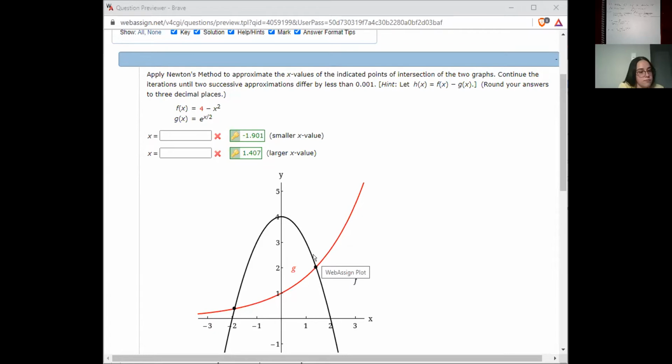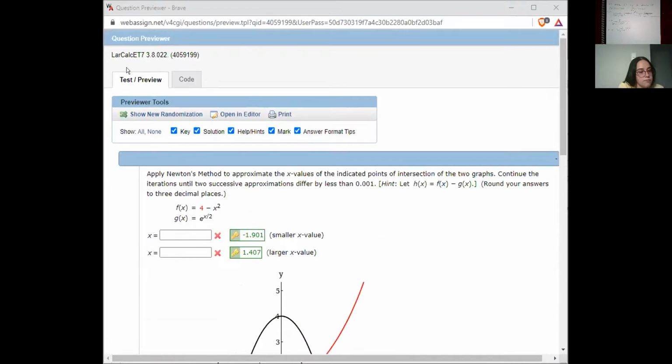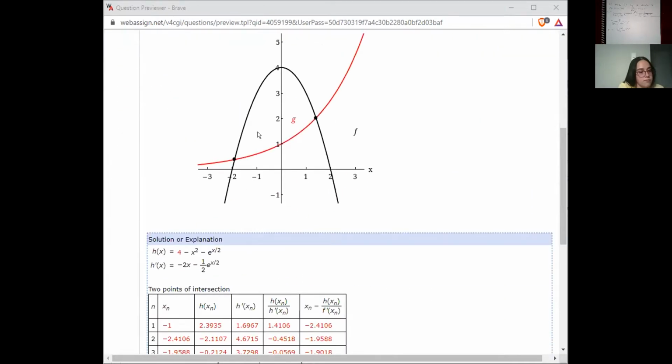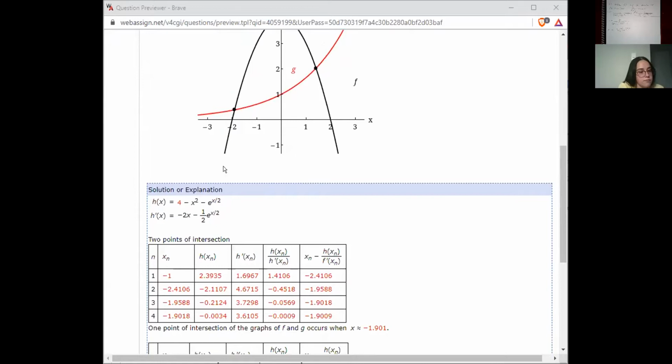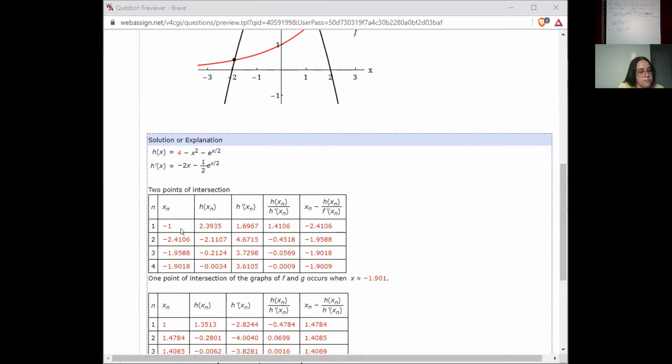Geez, I don't even know how to read my own notes. Because I think that it depends on that. Check out the solution on this problem here. So if I choose a point that's close to the lower one, so something negative, right? Doesn't matter how negative. They pick -1 just because.